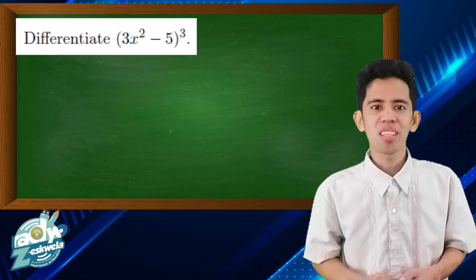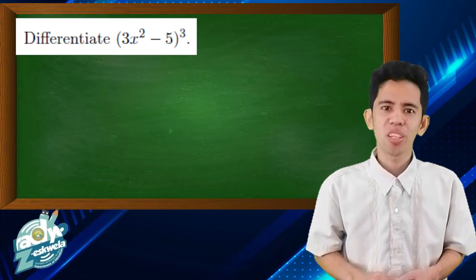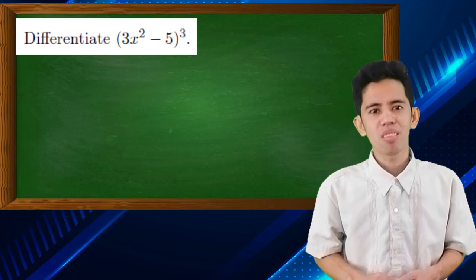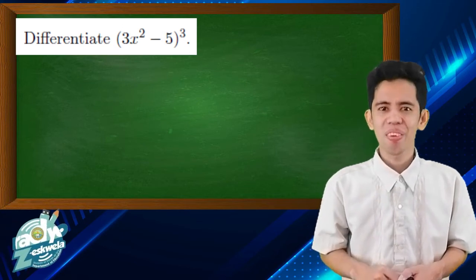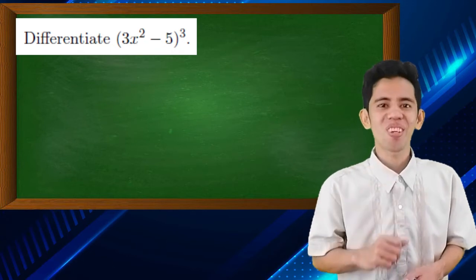Differentiate quantity of 3x squared minus 5 to the power of 3. Solve this in just 30 seconds. Timer starts now.